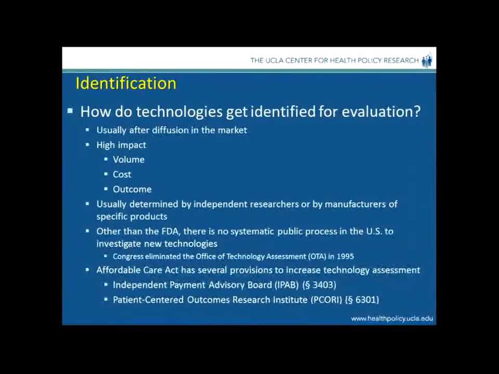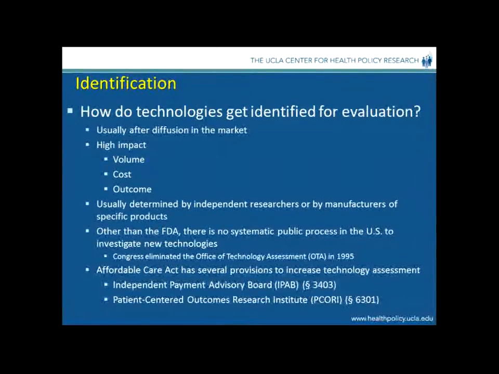But if you look at the literature, the kinds of studies that get published on this, there are things that are high volume, things that have a high cost, either a high unit cost or account for a lot of expenditures. And then there are things that potentially have important impacts on health outcomes, particularly on mortality.